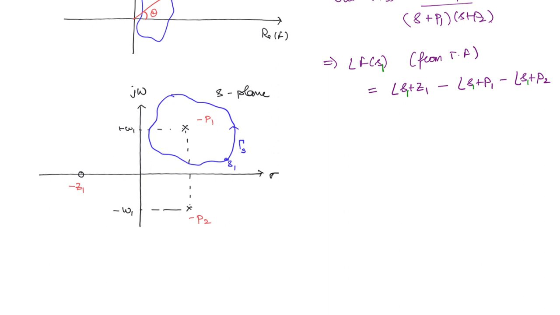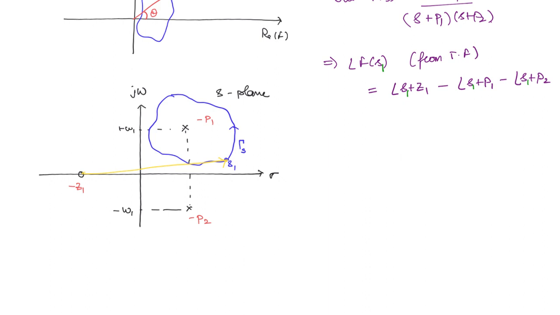Now what will be the line joining both these points? This will be nothing but s1 minus of minus z1. So here you are taking the vector in this direction from minus z1 to s1. Direction is important here.